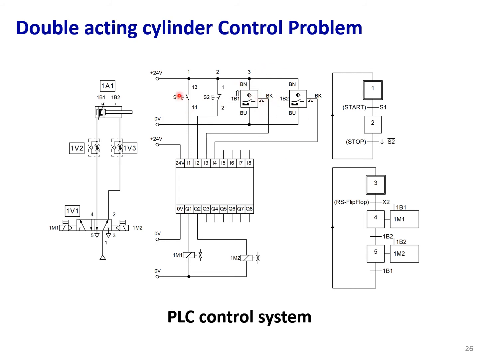Sensors and switches, start and stop switch. And we have output field devices. What are those? Solenoids. So the PLC will be provided with the input data, and it will process the program. Based on the program, it will update the output field devices status.